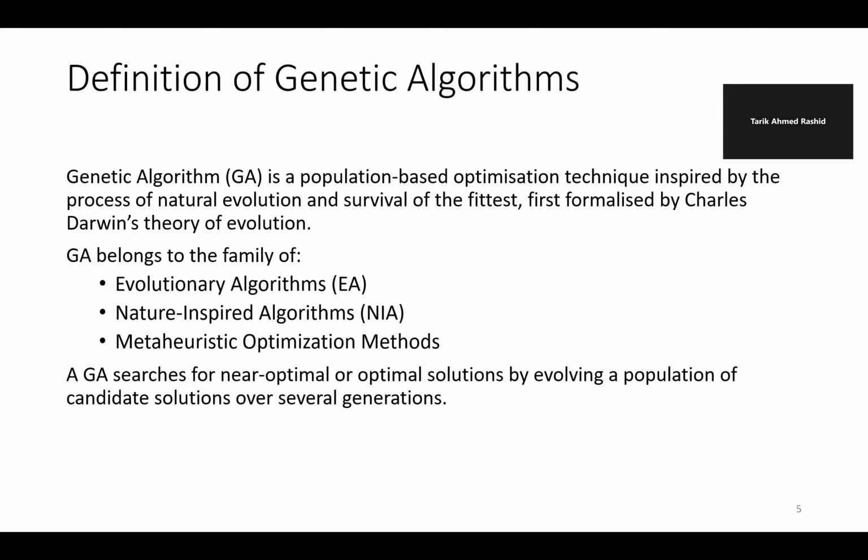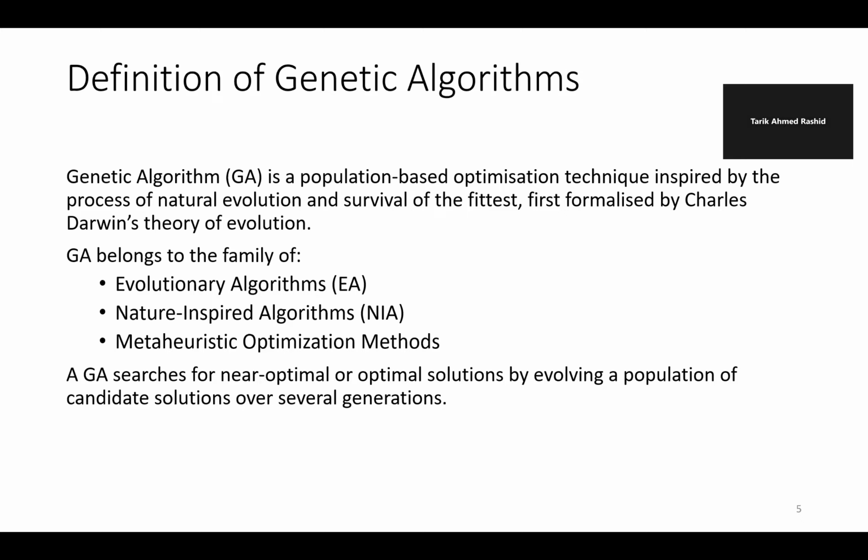Now, a genetic algorithm is a population-based optimization technique inspired by the process of natural evolution and survival of the fittest. First formalized through Charles Darwin's theory of evolution, GA belongs to the family of different algorithms.